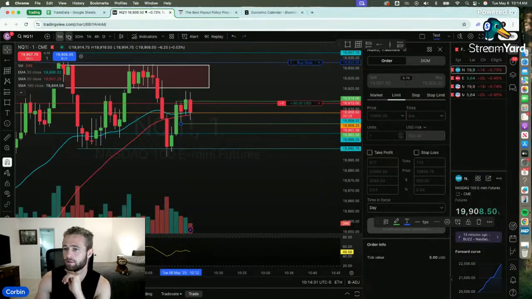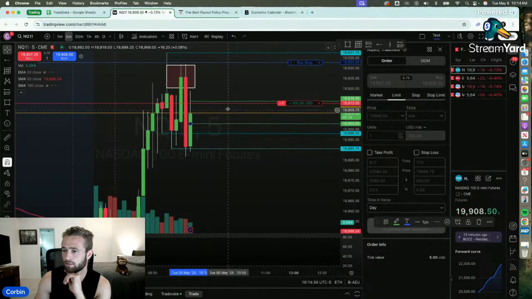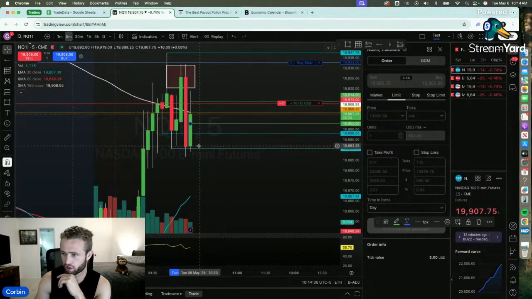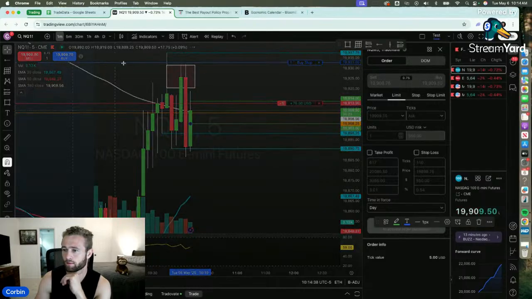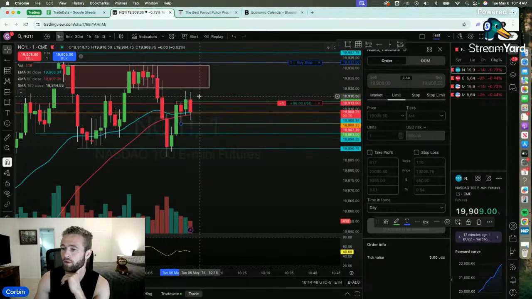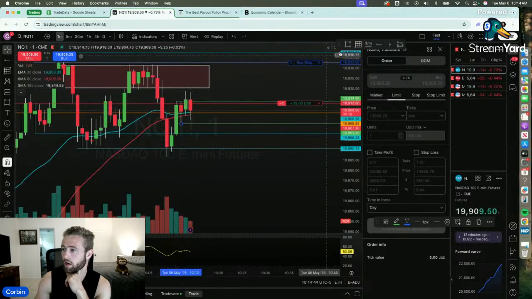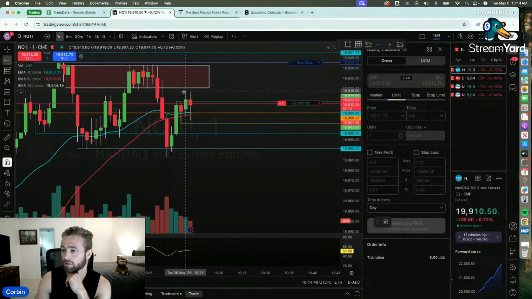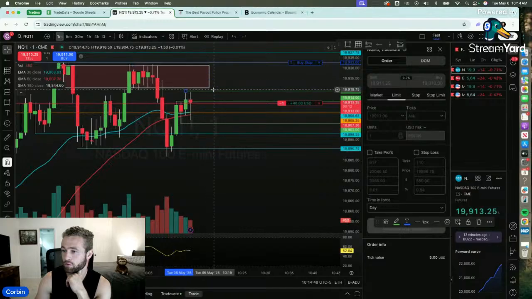Nice. What do we got? Okay, if this forms here, then that forms a new high right there. This candle is red. That forms a new high right there.